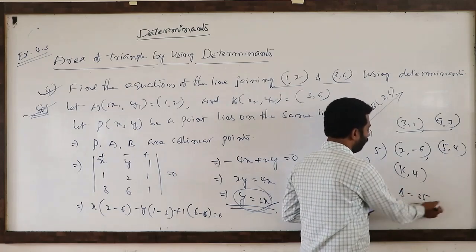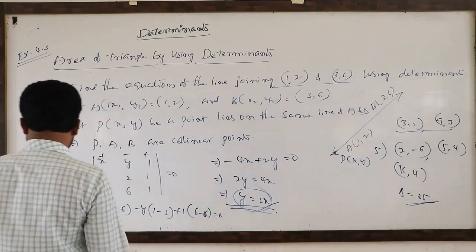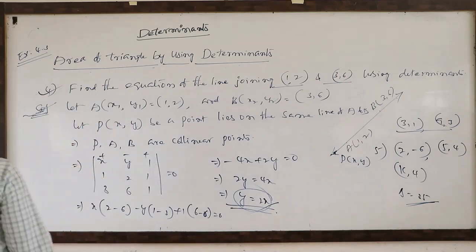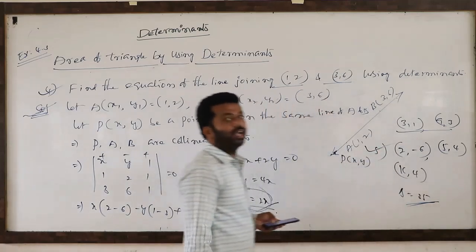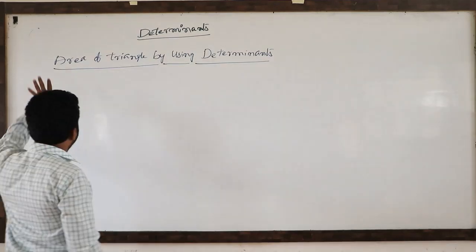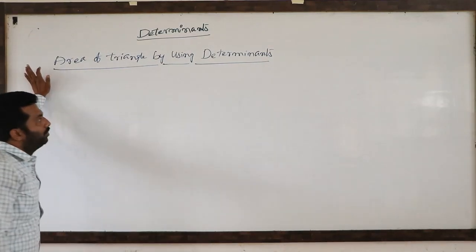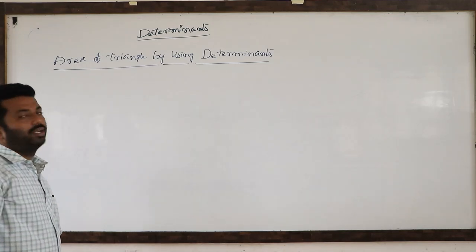You have to calculate the value of k. So these are the questions. This model I already told, and based on that model you have to practice. Okay, thank you. Apply this concept, the area of a triangle by using determinants.